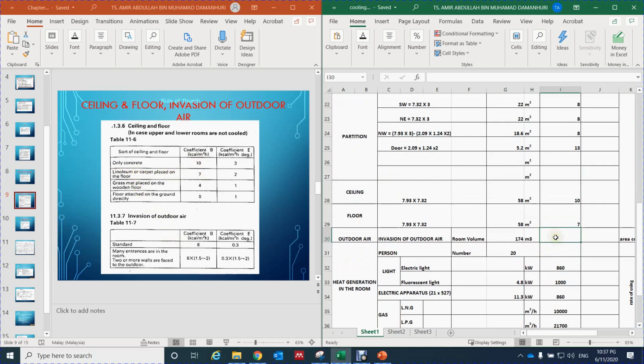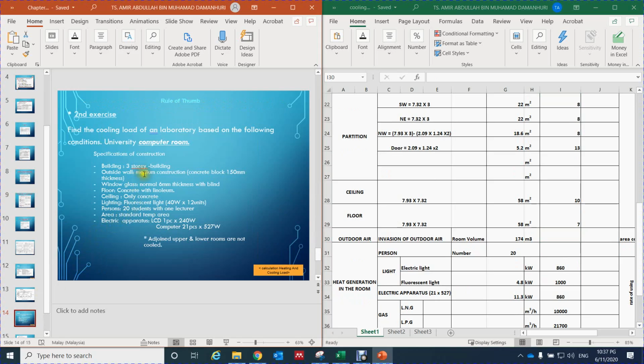Alright, so the ventilation of outdoor air. Look into the specification. It is a standard temperature area.